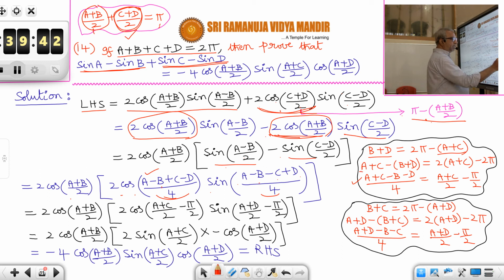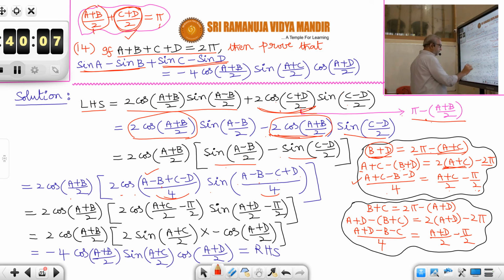So therefore a plus c minus b plus d. So a plus c minus this quantity means a plus c minus the right hand side quantity. So a plus c minus of 2 pi minus a plus c, which is 2 a plus c minus 2 pi. By 4 you divide. So dividing by 4 you get by 2 here. 2 pi by 4 is pi by 2.